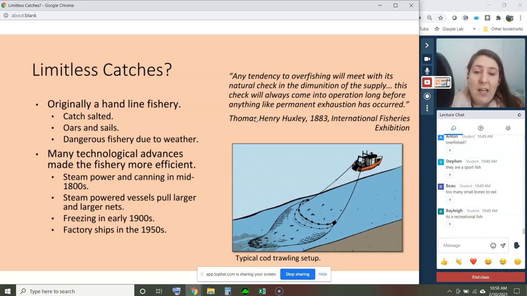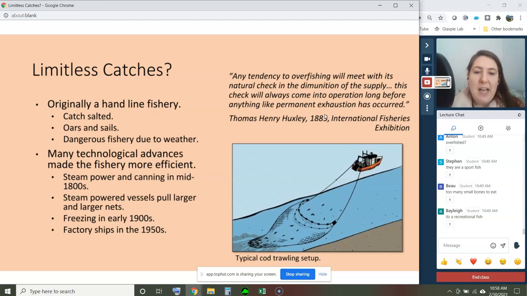And it was thought, even up until the late 1800s, that the following was true: "Any tendency to overfishing will meet with its natural check in the diminution of the supply. And this check will always come into operation long before anything like permanent exhaustion has occurred."